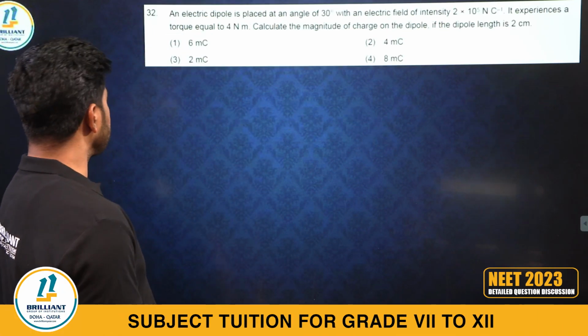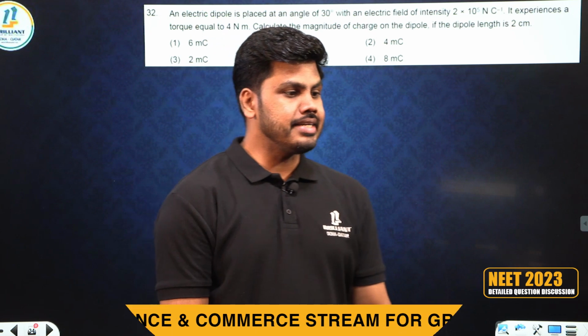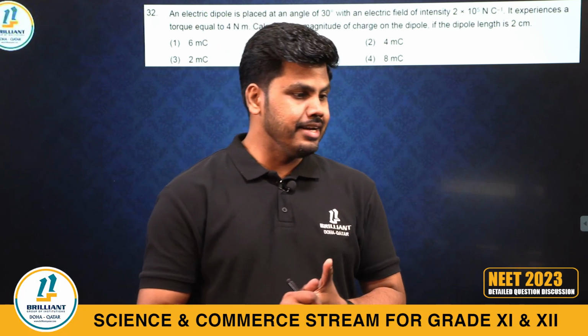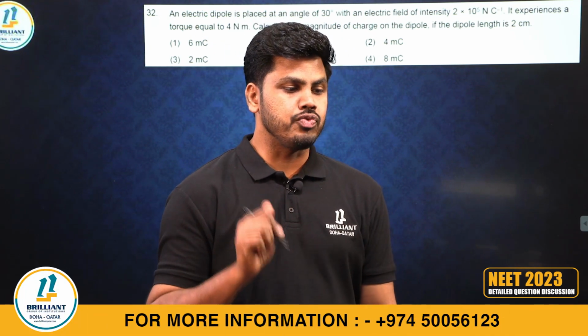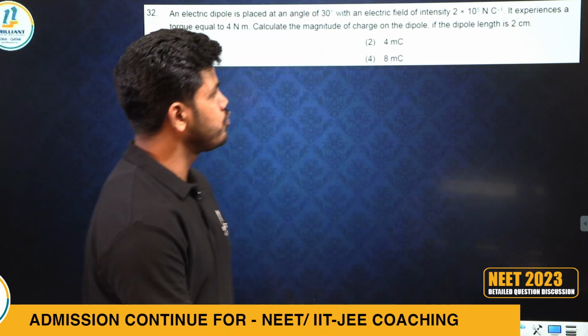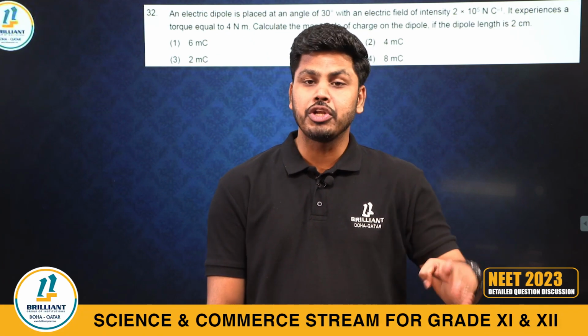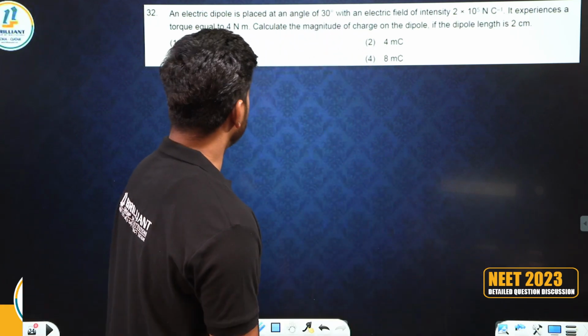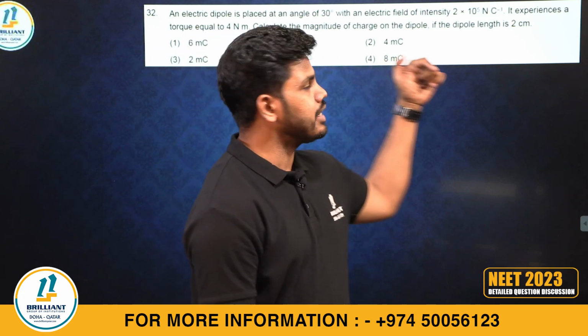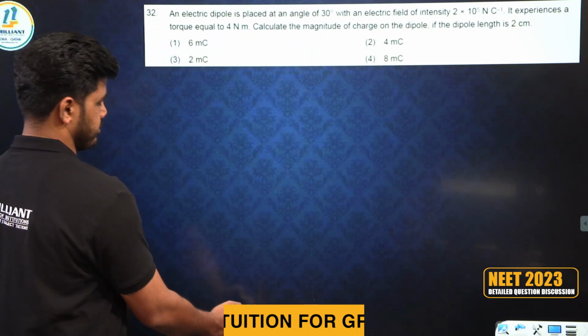Okay. Now, 32. An electric dipole is placed at an angle 30 degree with an electric field of intensity 2 into 10 raised to 5 Newton per Coulomb. It experiences a torque of 4 Newton meter. Yes, torque is given 4 Newton meter. Calculate magnitude of the charge if dipole length is 2 centimeter.